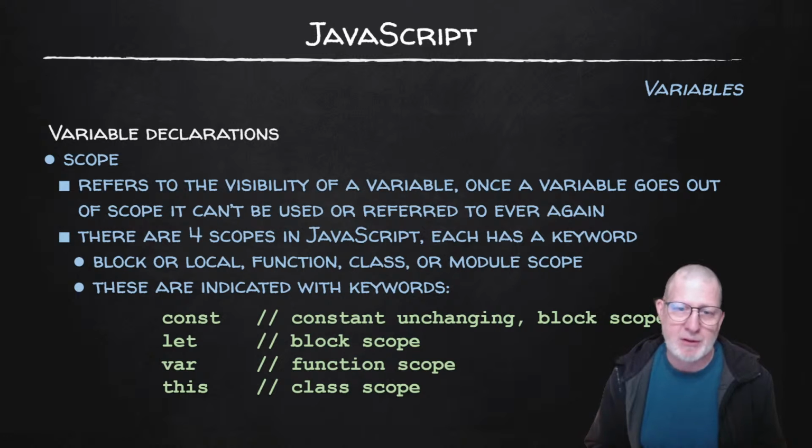Let is a keyword which says this variable is block level scoped. And because it's much easier to understand block level scoping, we'll use it pretty much exclusively, with the exception of constants. Constants don't change. And in JavaScript, we often declare variables as constants because the variables we're creating are actually objects.